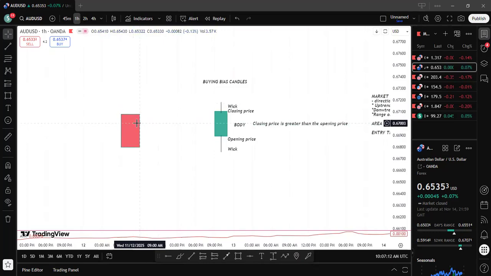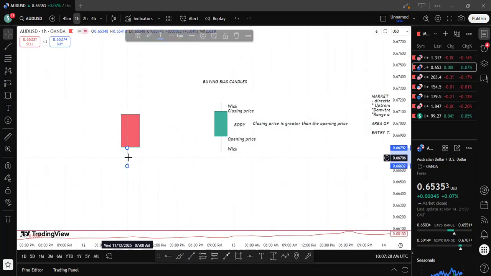By default, the bearish candles are red and the bullish candles are green. Similar to this particular candle, let me just do one here so that it will be different from this.